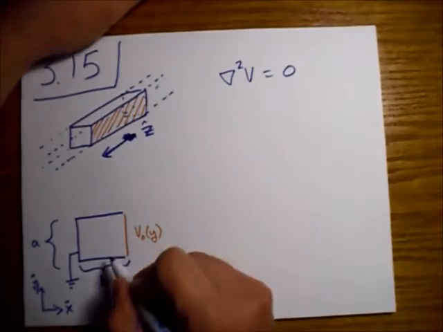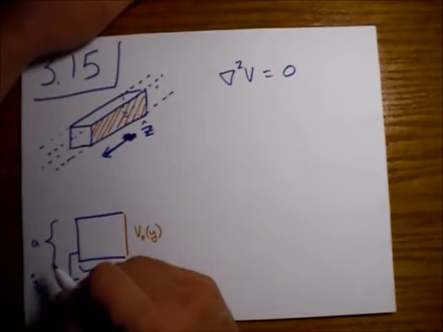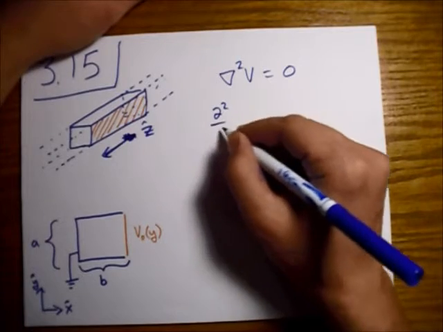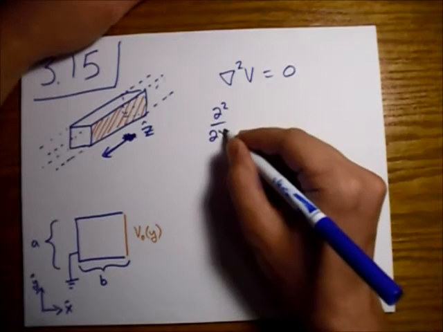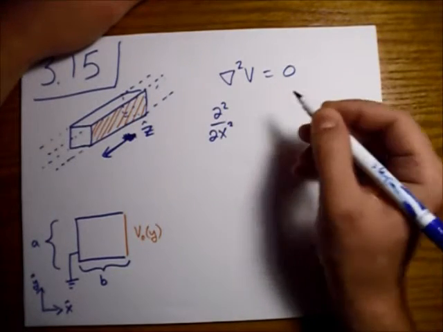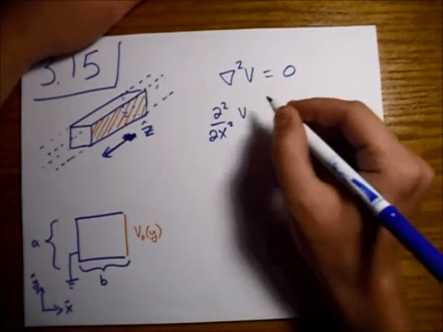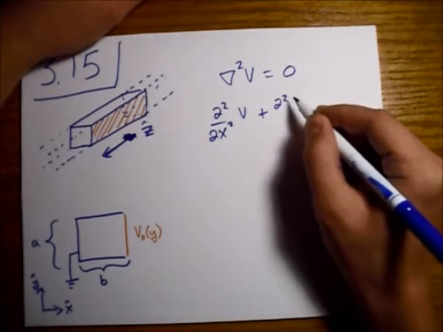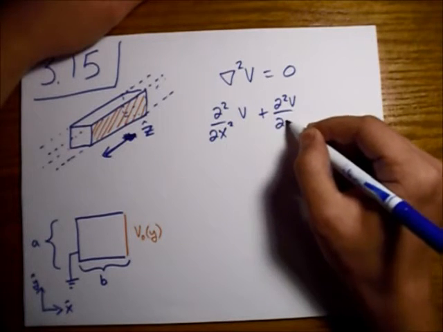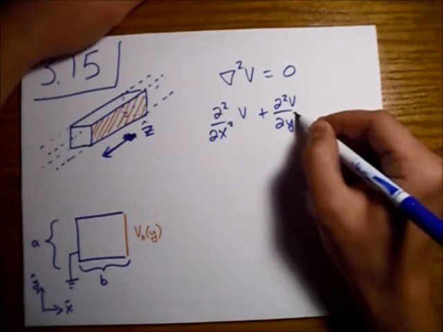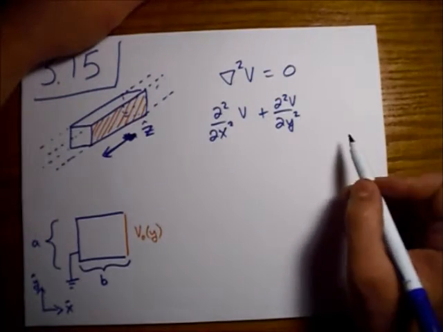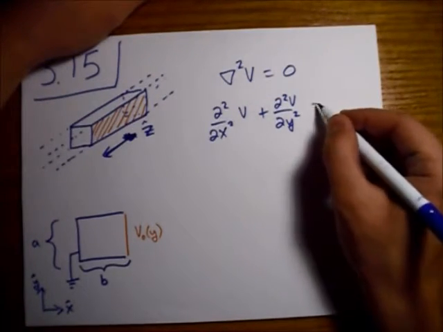To write this in our 2-dimensional case, we have the second derivative with respect to x of V plus the second derivative with respect to y. That's the Laplacian written out in Cartesian coordinates, equal to 0.